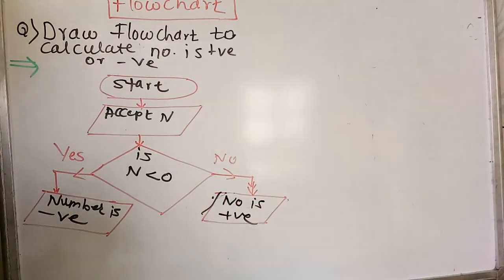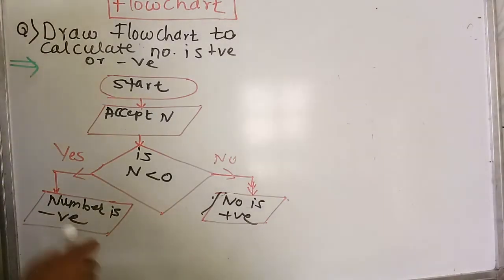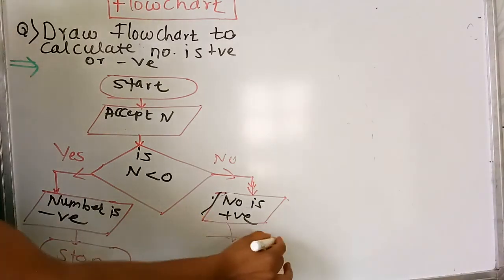As this is a decision making part, both will come to the end. So we will end both separately, because at a time only one condition is executed.